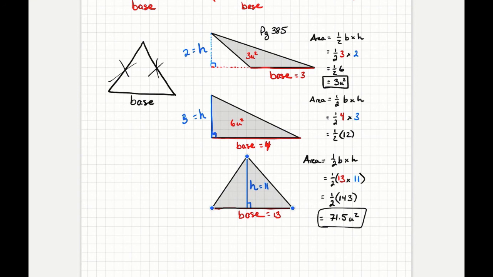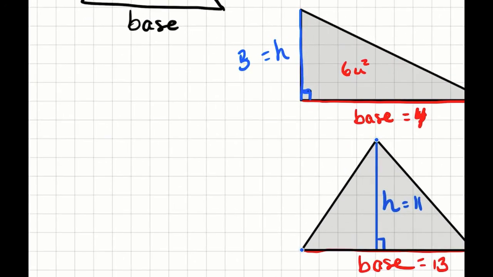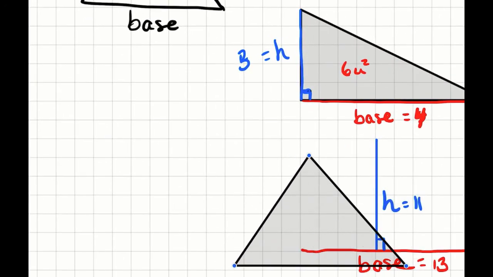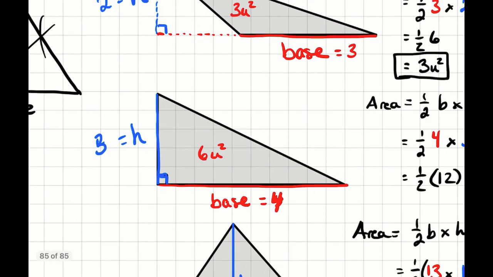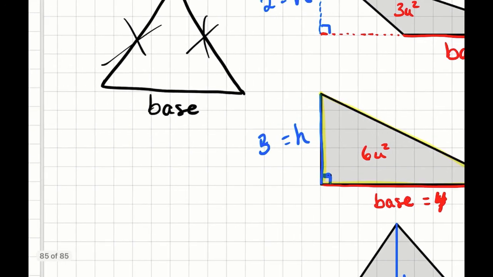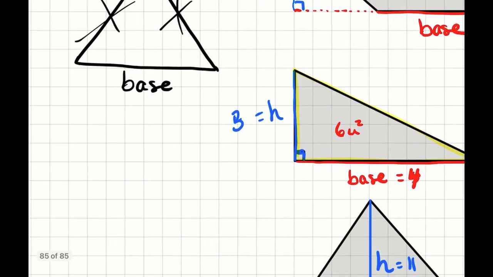Now, perimeter of a triangle is just adding up all the sides of a triangle. So if you're working with triangles and you just need to find their perimeter, let's say that I want to know the perimeter of this triangle, I just add up all the sides.